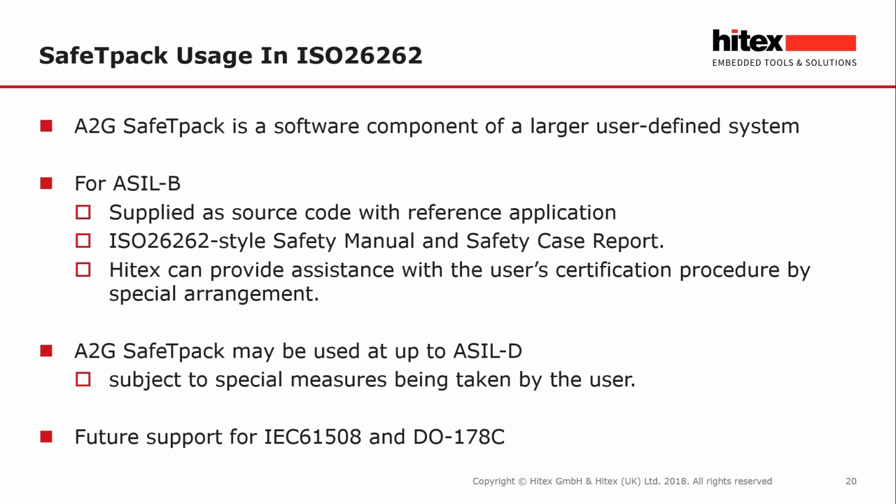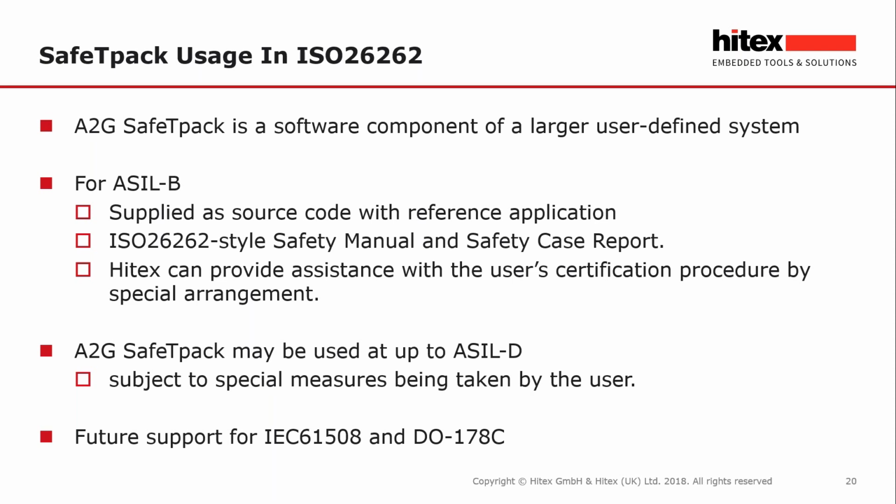So we supply it in a number of different forms, which will allow you to integrate it into your development process. So for ASIL-B, it's supplied as source code with a reference application that demonstrates basically how it's used. This is much the same as the safety lib, for those of you that are familiar with this.